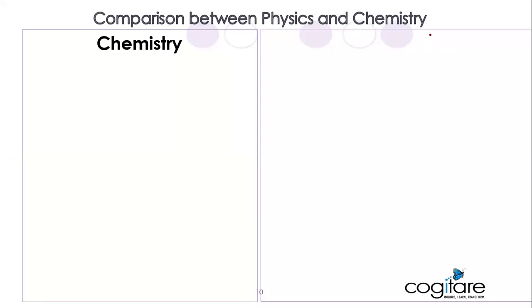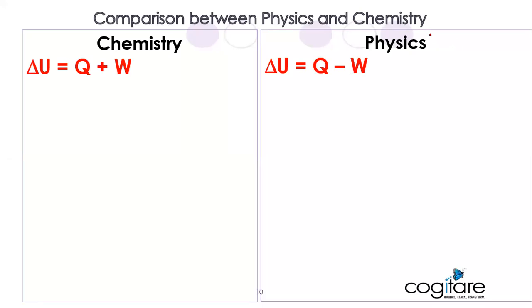For those whose teacher is teaching physics and who are now learning chemistry, the equation of the first law of thermodynamics may seem a little different. For example, in chemistry we write the first law of thermodynamics this way: delta U is equal to Q plus W, whereas in physics you will say delta U is equal to Q minus W. So what is this difference?